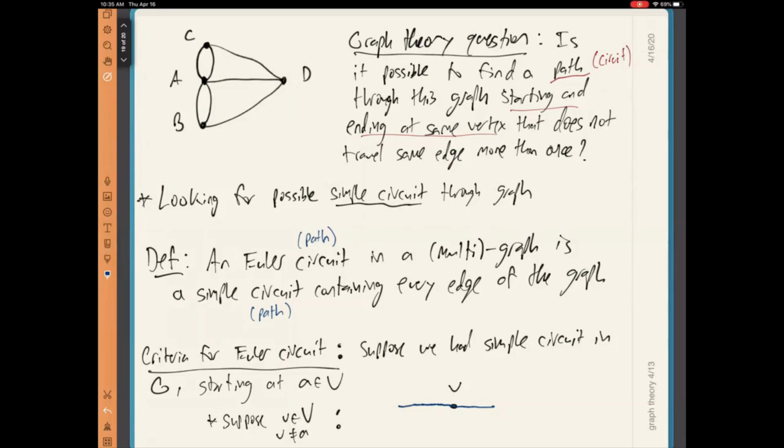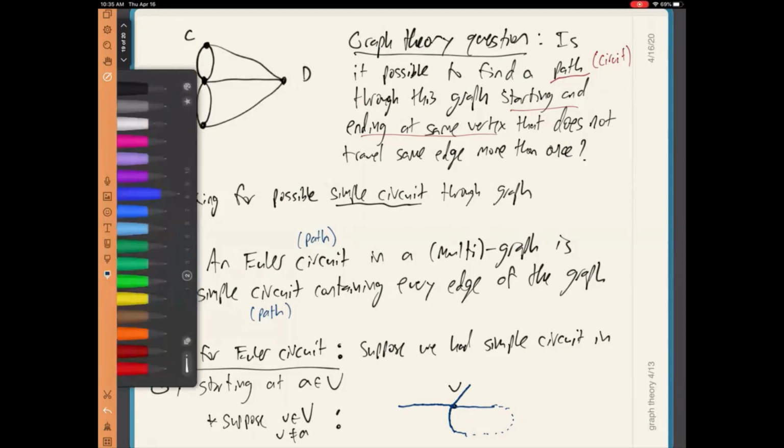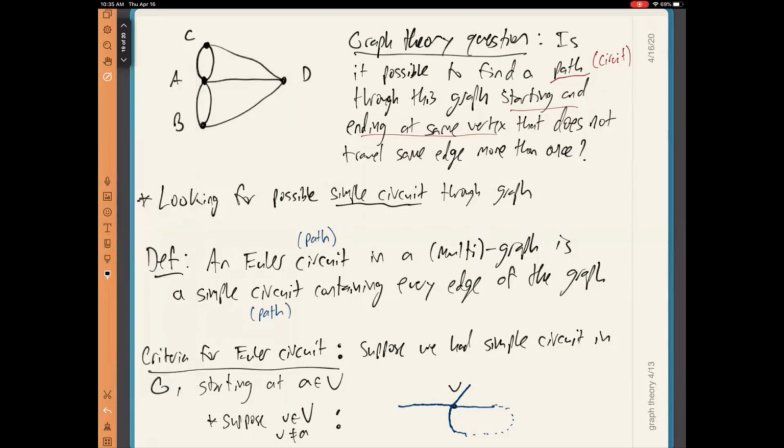And so maybe it travels along and goes into the graph, and then maybe it crosses through V again, through different edges. But if it crosses through V again through different edges, it still adds 2 more. And so in particular, the degree of V has to be even if this is going to work.